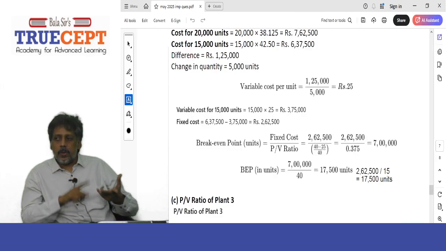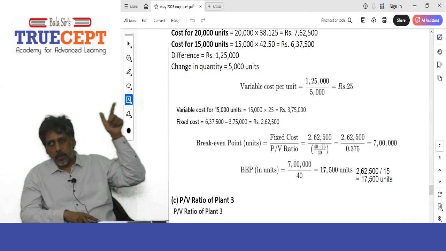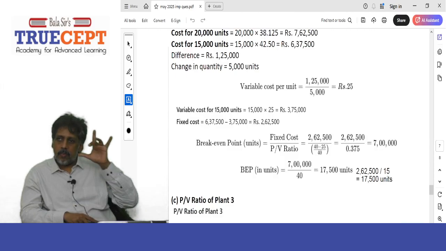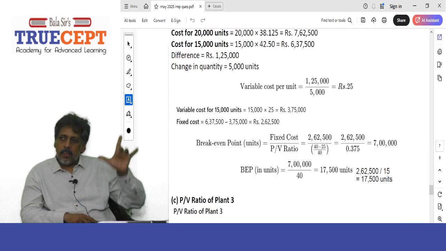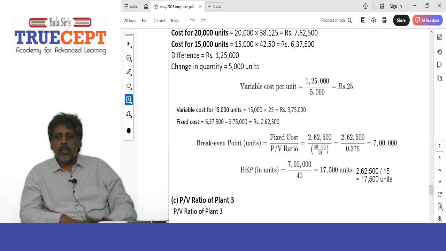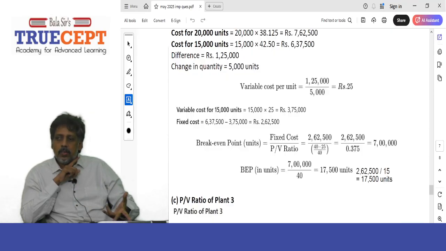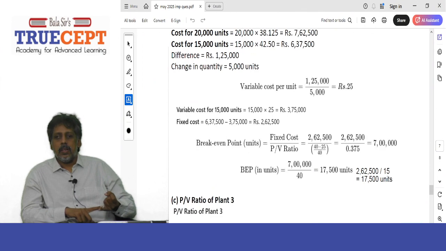So rupees 15 is the CPU, the contribution per unit. If you divide 2,62,500 rupees by 15 rupees a unit, you will get 17,500 units as the break-even quantity.